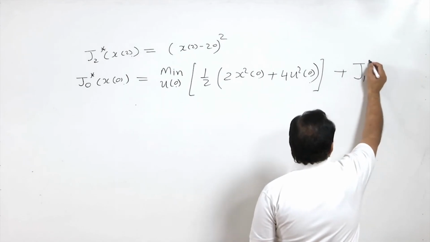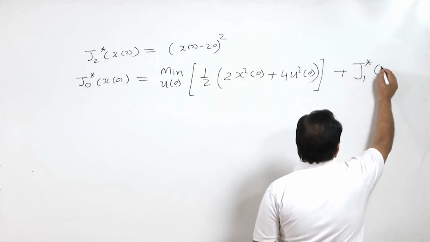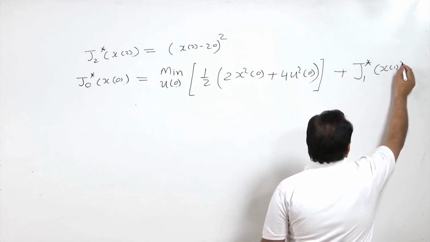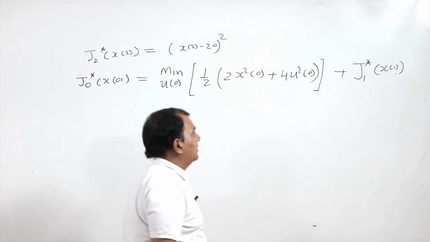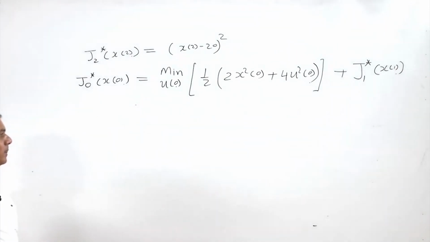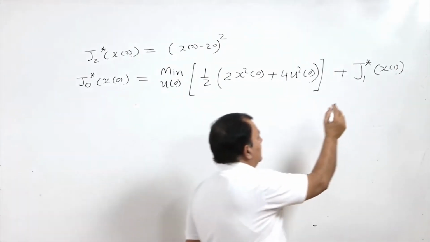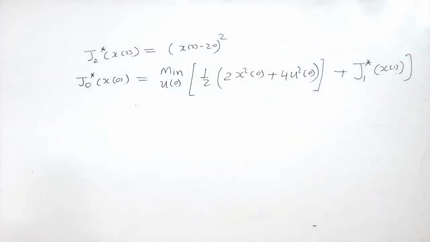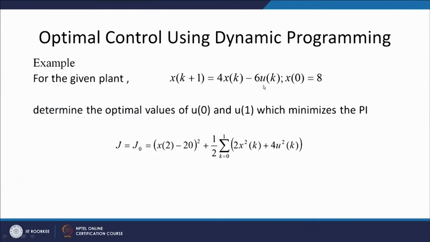J1 star of x1, and x1 I can write in terms of x0 and u0.